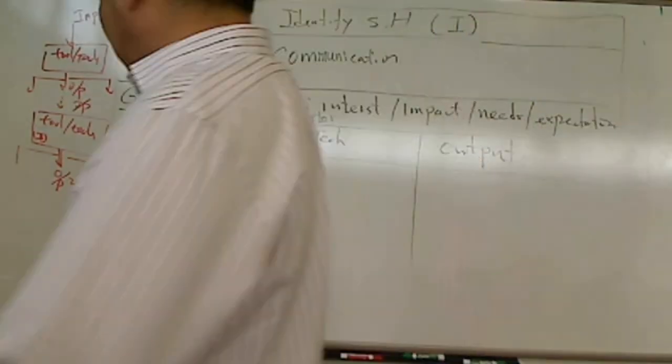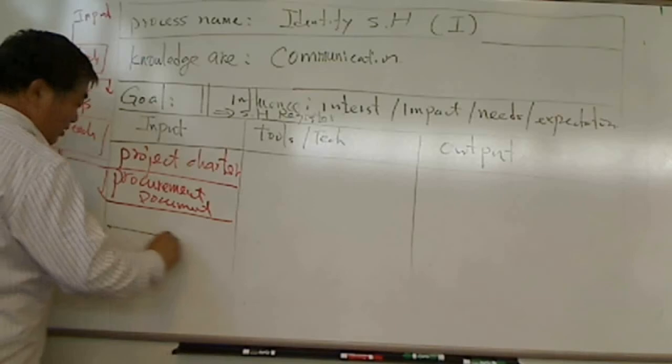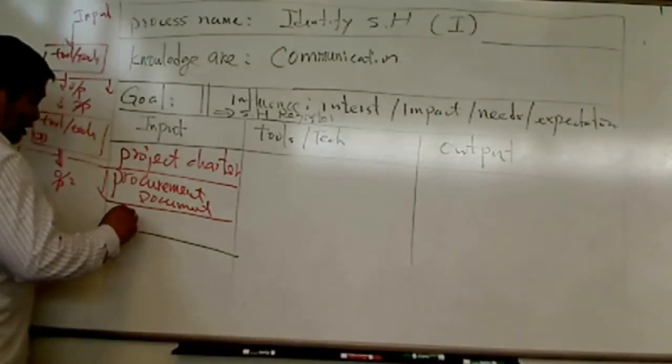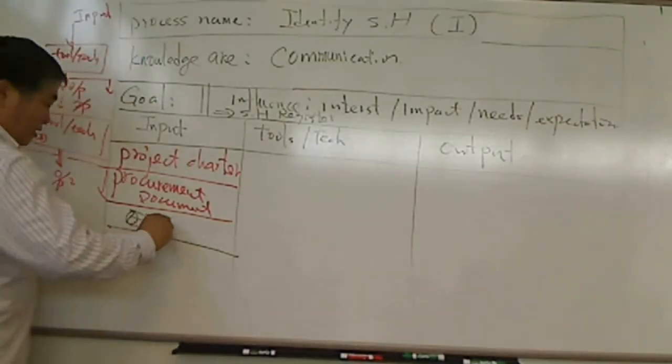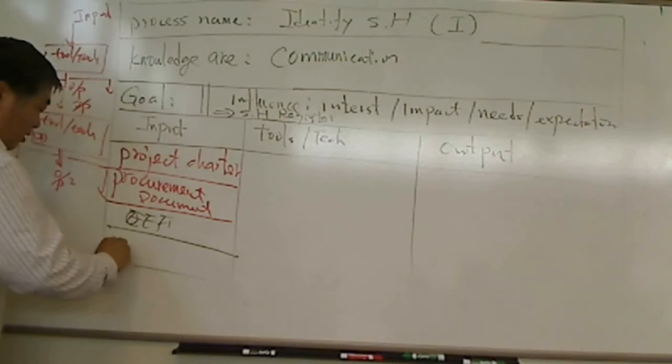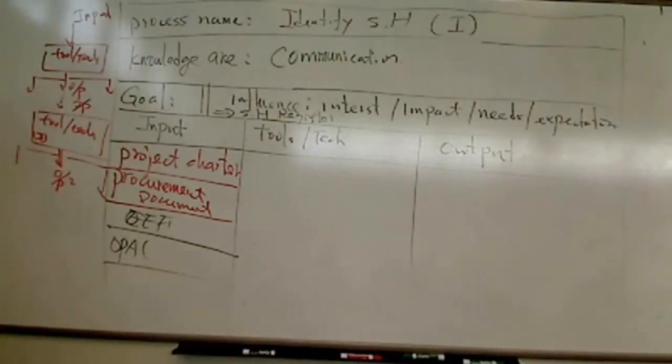Understand? Okay. Also, we have the EEF, right? And we need OPA. The OPA here, very interesting, is the stakeholder register template. A template is a model, a sample where you can fill in, right? There are two tools here.